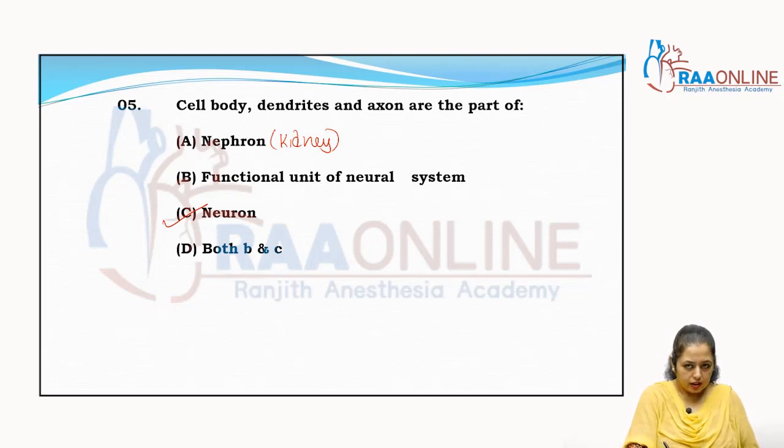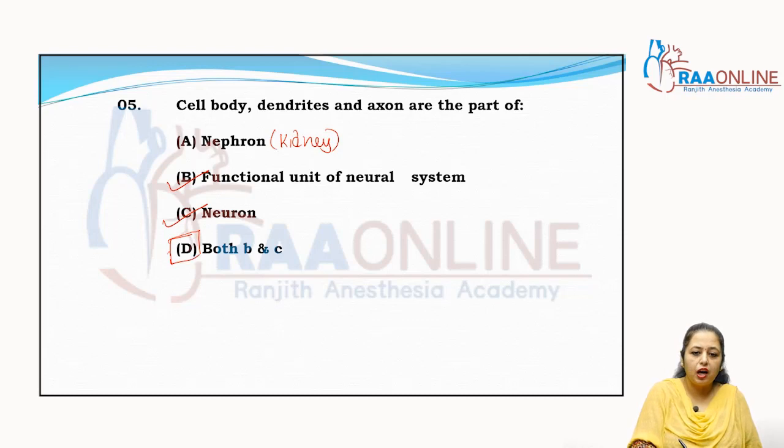But when we talk about the structural and functional unit, this is also right and this is also right, because the neuron is the structural and functional unit of the nervous system. So can we mark the answer both B and C?